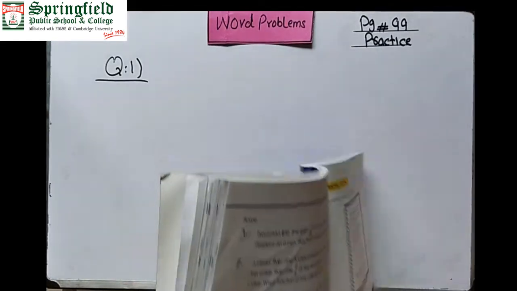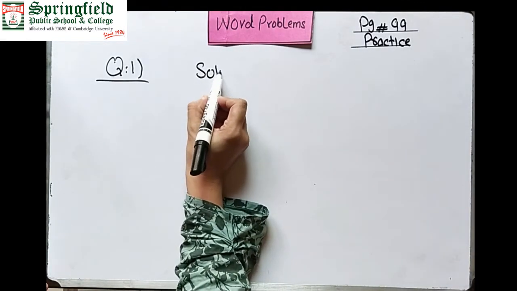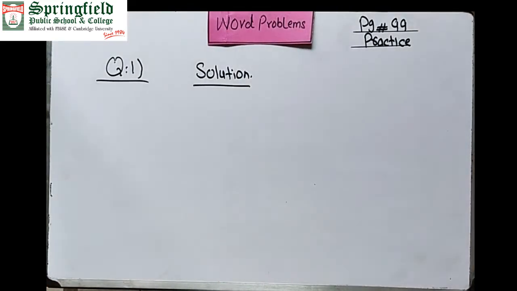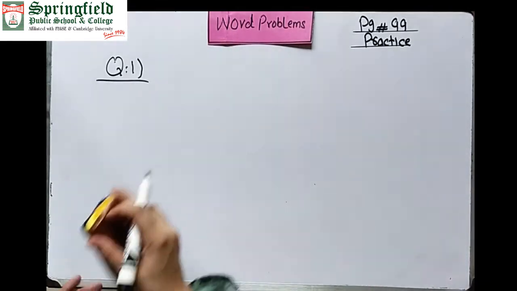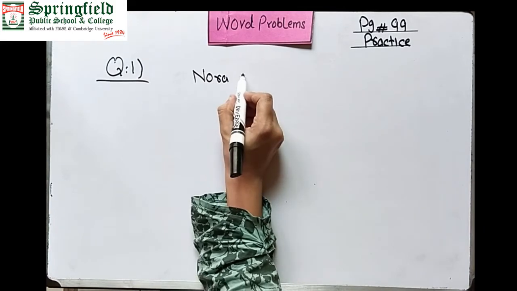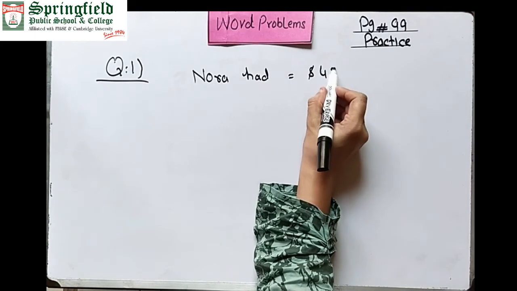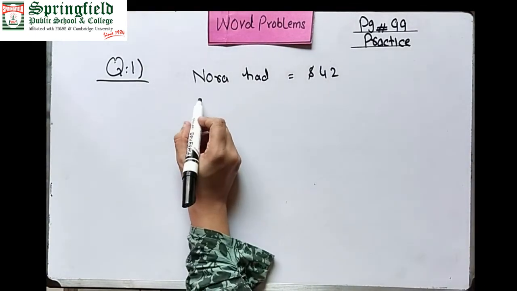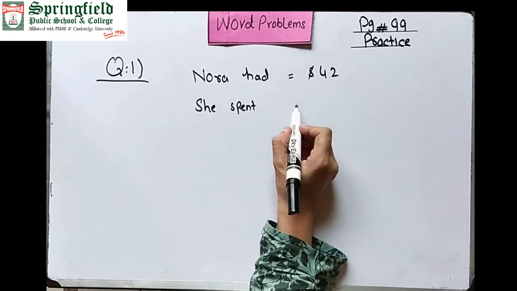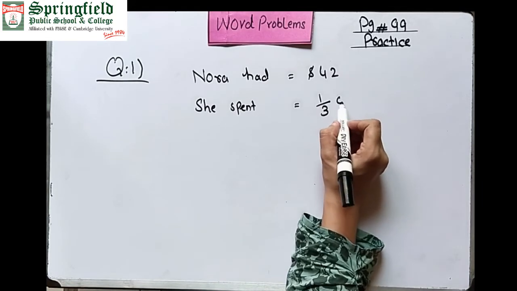Okay, now how can we solve this question? Solution. First write down the statement. Noora had how much money? 42. She spent 1/3 of it on food.